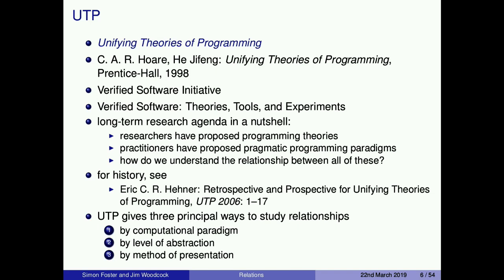We can view them at a very high level where we're not observing too much, such as in a modeling language like UML. But we can also go down to a very concrete level, where you've got machine code and so on. These are different levels of abstraction that we need to be able to consider. And finally, by different methods of presentation. Different semantic presentations include things like axiomatic semantics, operational semantics, and so on that we've already said.